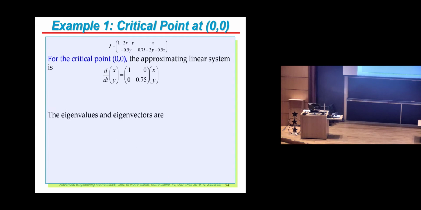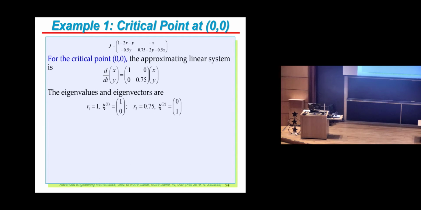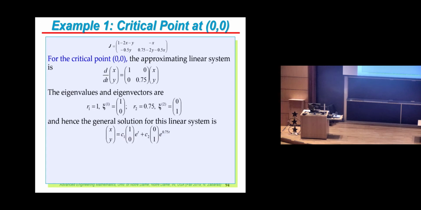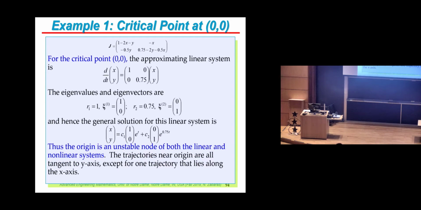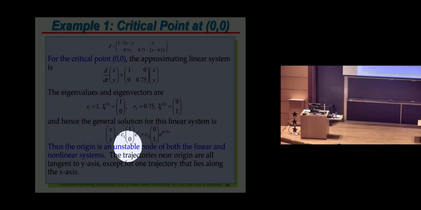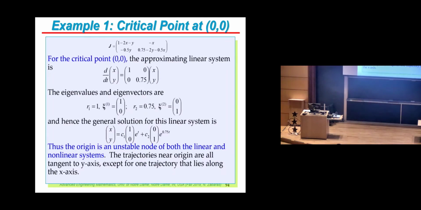So if you do all of these calculations without computing the eigenvalues and eigenvectors, you actually figure out that this is an unstable node, okay? In the context of the eigenvalues, you get e to the t and e to the 0.75t. So this thing takes you away from the critical point. So this is an unstable node.